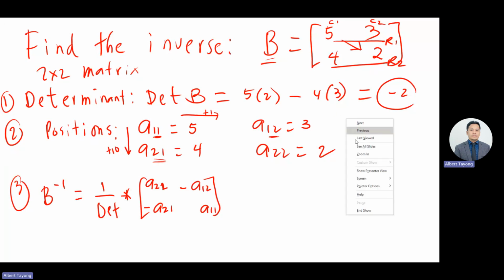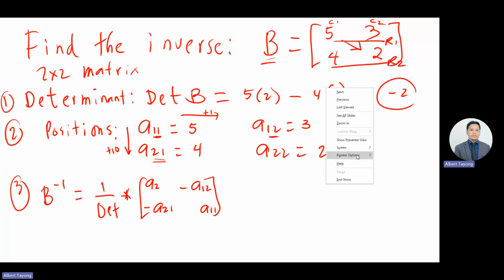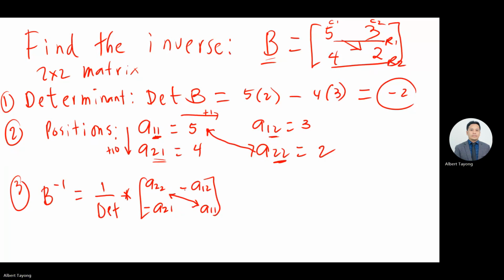Okay, so basically what happens here is the swapping of 22 and 11. As you can see, here we have 11 and 22. We have to swap both of these. And A sub 12 and A sub 21 stay in the same positions, but we're changing the signs. So you can see here we have negative and negative.